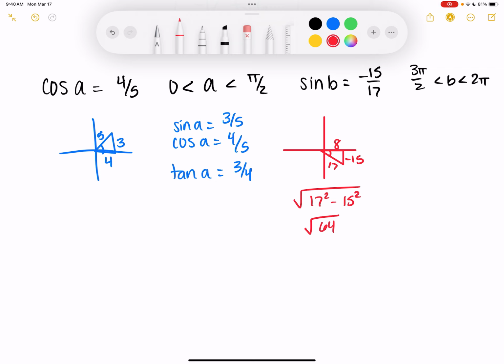So I know sine of B is negative 15 over 17. What is the cosine of B? Cosine of B is 8 over 17. And tangent of B? Negative 15 over 8.